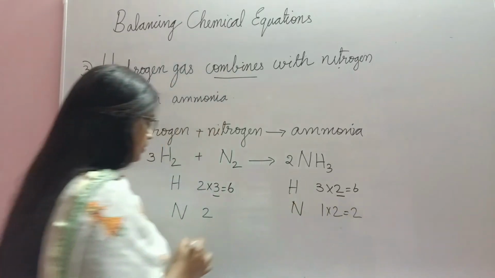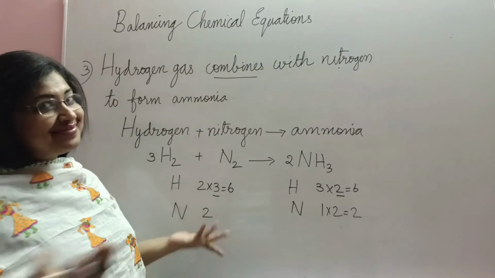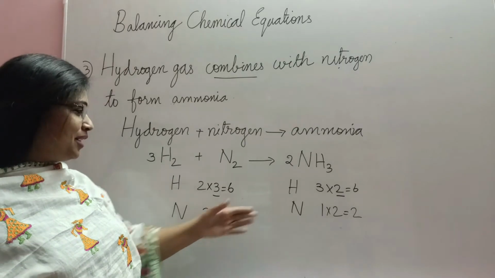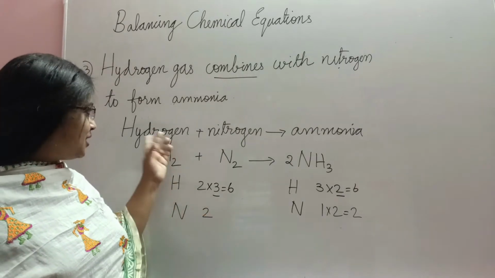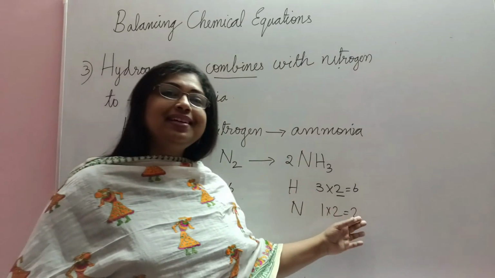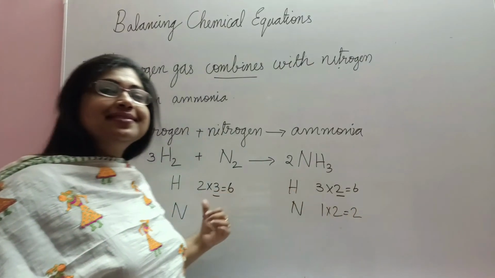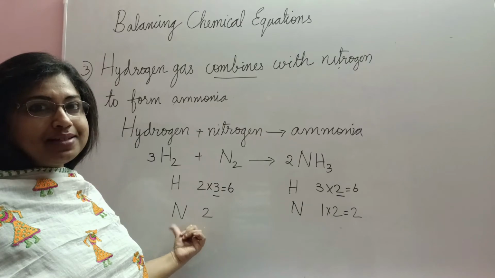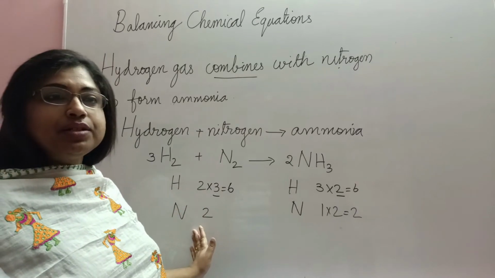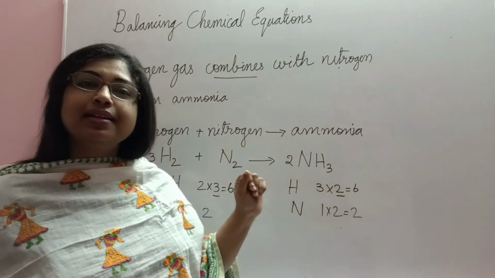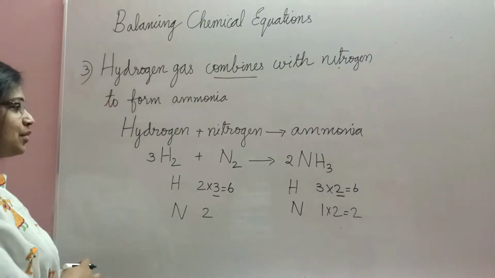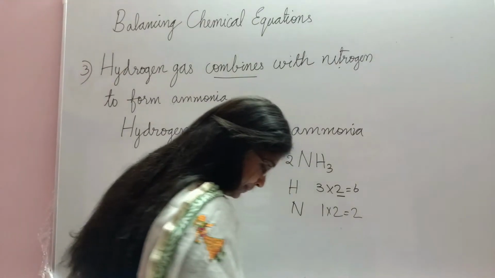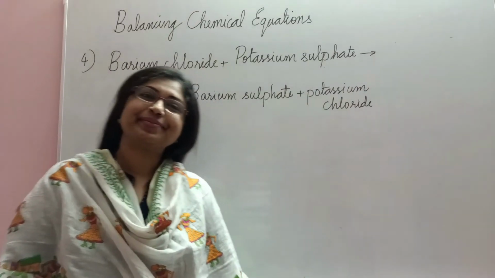Now look here, nitrogen is also balanced, there is no need to put anything here. Here 2 are there, automatically when you put 2 here, now the sides are balanced. The number of atoms of nitrogen on the reactant as well as on the product side are equal. So the equation is balanced.